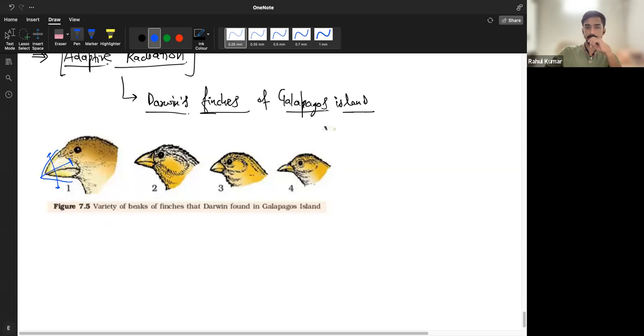Versus this finch, you see a very tiny and pointy beak, right? Now, he wanted to figure out why. What is happening?